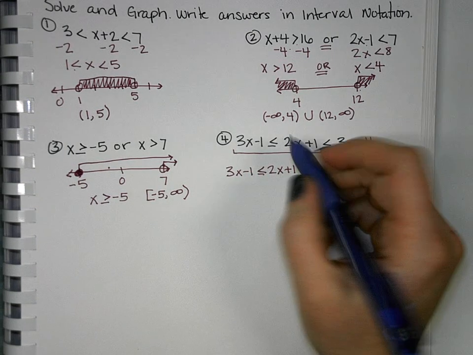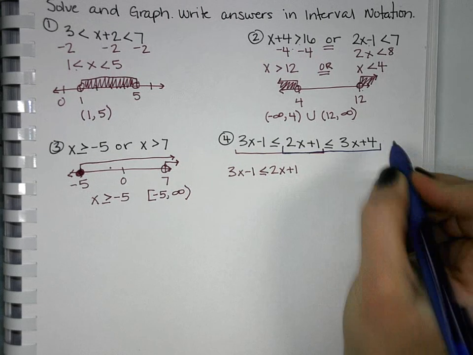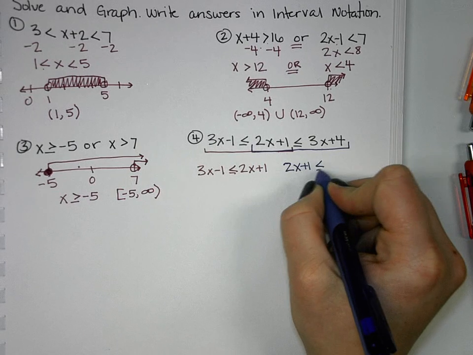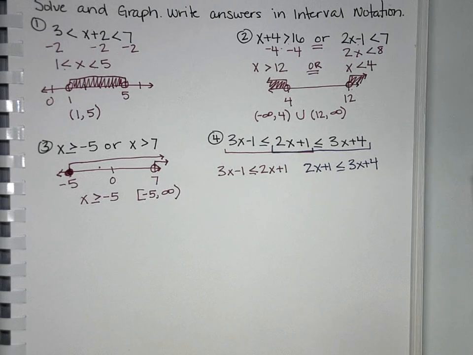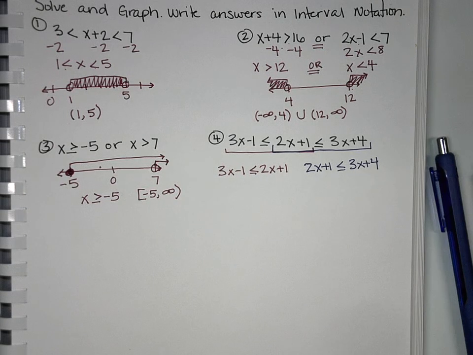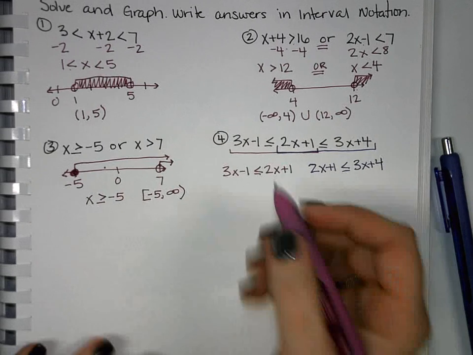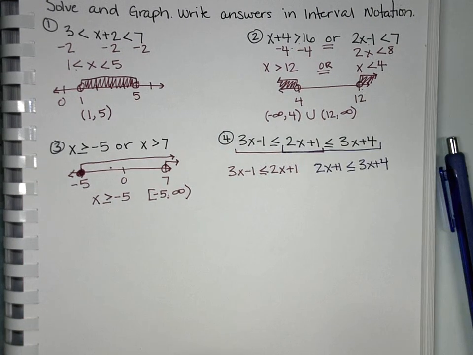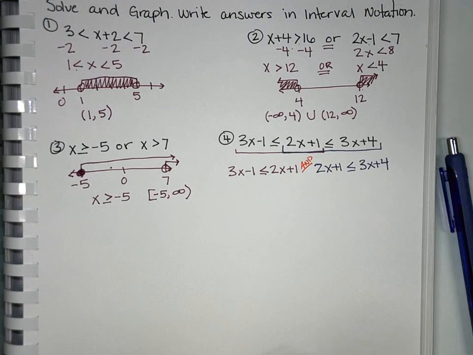Then I have my second inequality, which is this middle one and the last one together: 2x plus 1 is less than or equal to 3x plus 4. We're going to solve each of these, and then we'll put them back together at the end. If you want, you can write the word AND, because this is an AND statement since it was a condensed format.